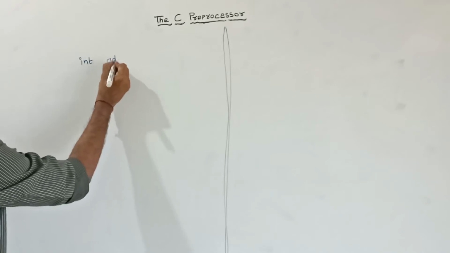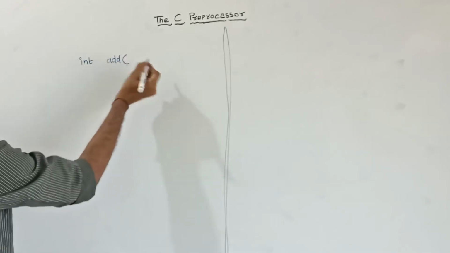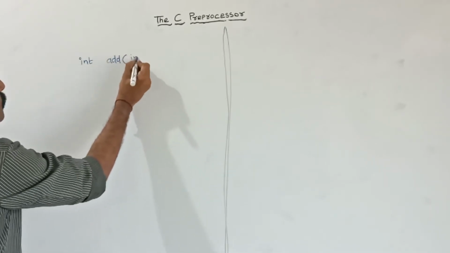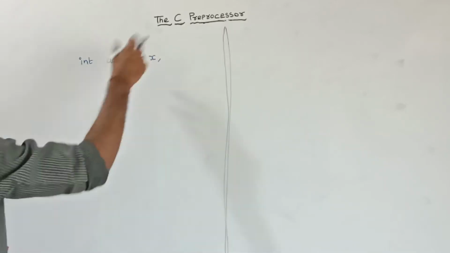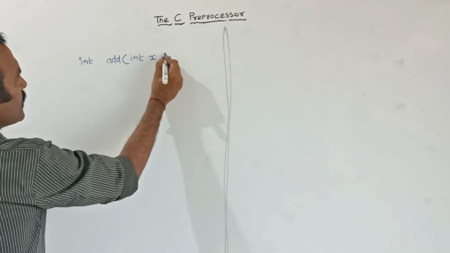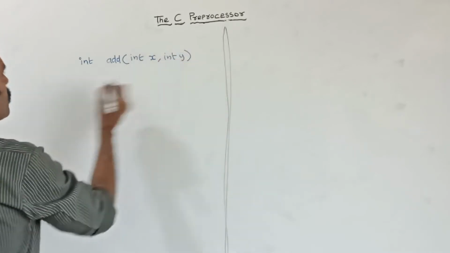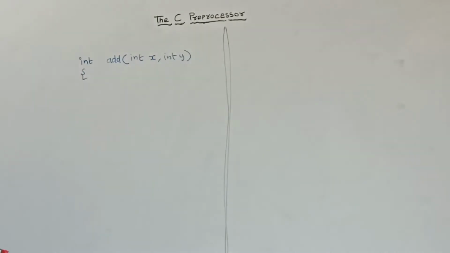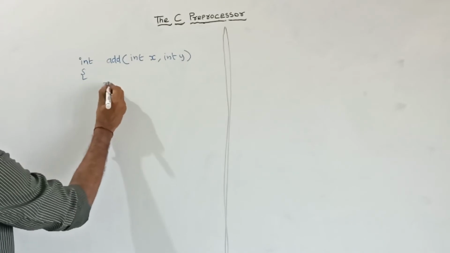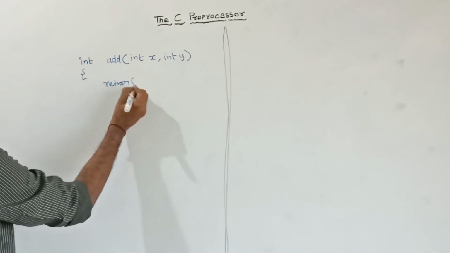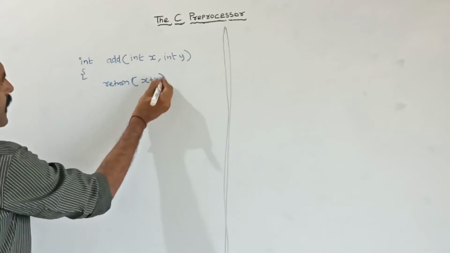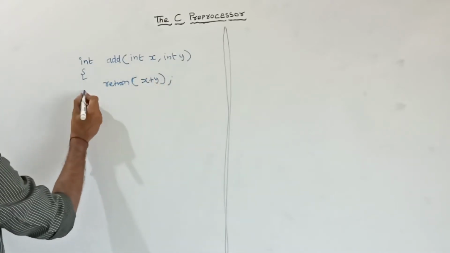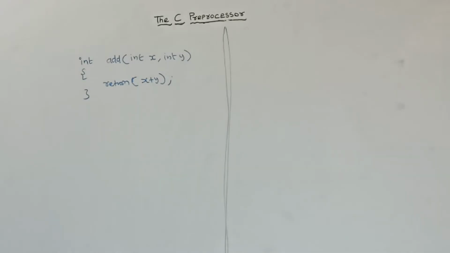The function name is add. After that I pass the parameters, also of integer type: integer x, integer y. This is the function definition. Here I simply return the values by adding, return x plus y.